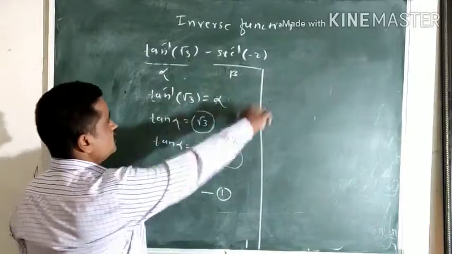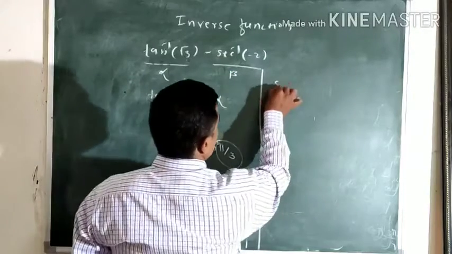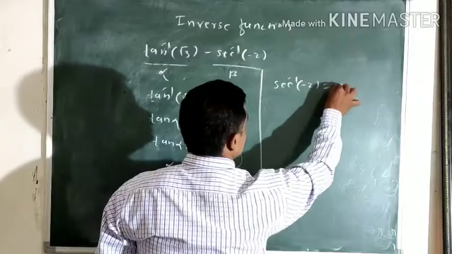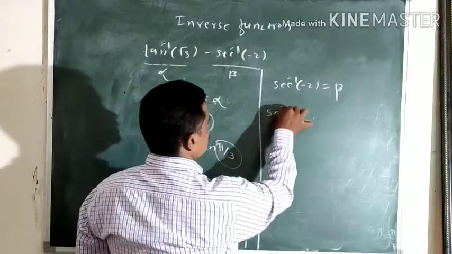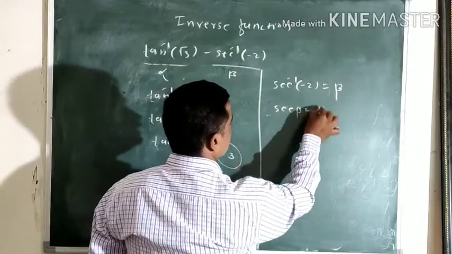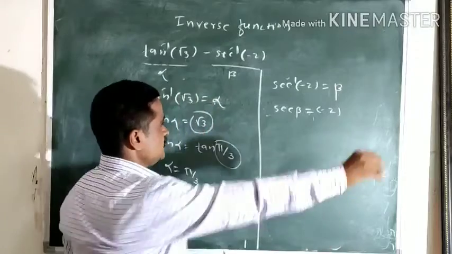Again, we consider the value of beta as sec inverse of minus 2. So sec inverse of minus 2 equals beta, that means sec beta equals minus 2.